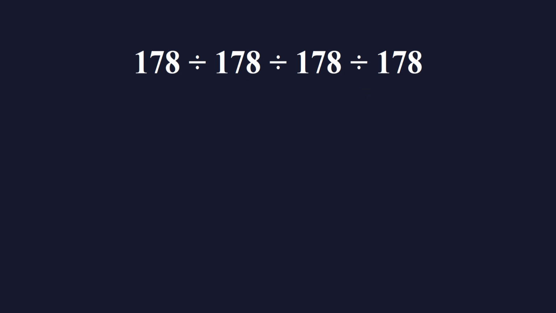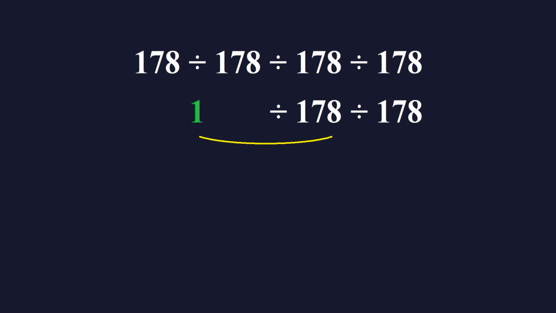So we have first this division, 178 divided by 178 equals 1. So we have 1 divided by 178 divided by 178, and we can write this part as 1 over 178 divided by 178.